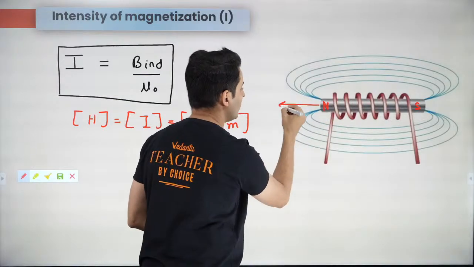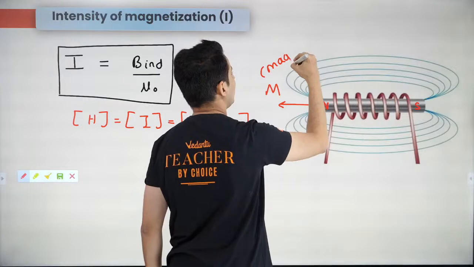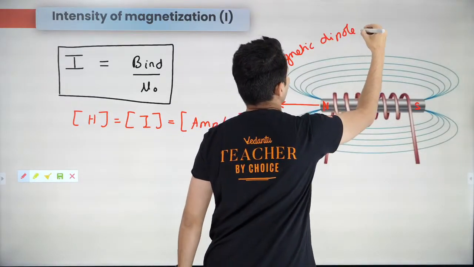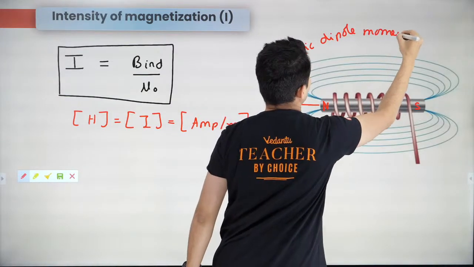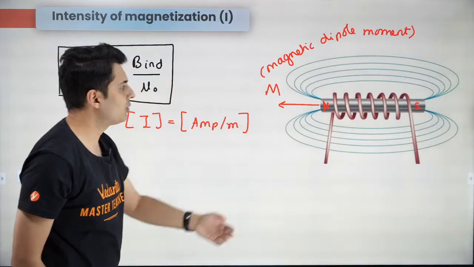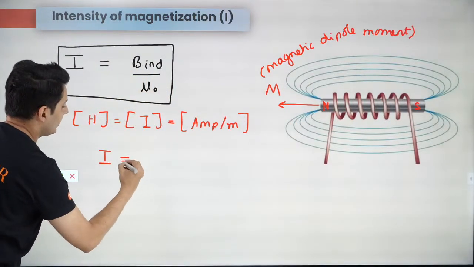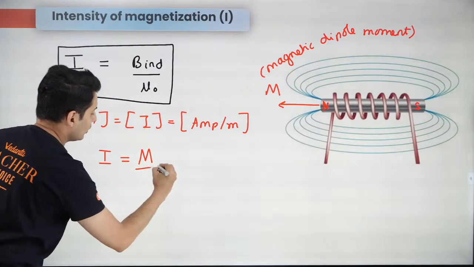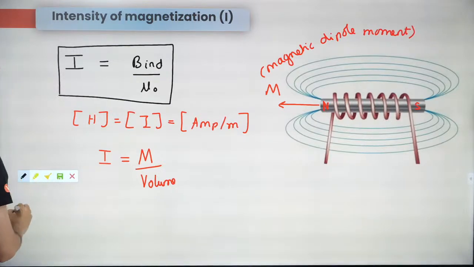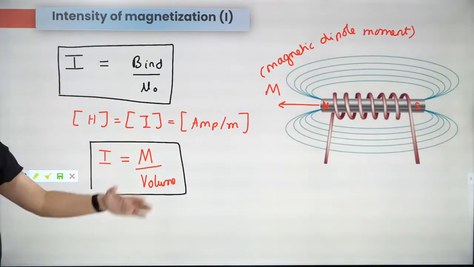So it will also have some magnetic dipole moment due to the external field, in this case provided by the solenoid. This I can also be written as the magnetic dipole moment divided by volume. So this is the alternative formula for I. So either way you can get the answer.